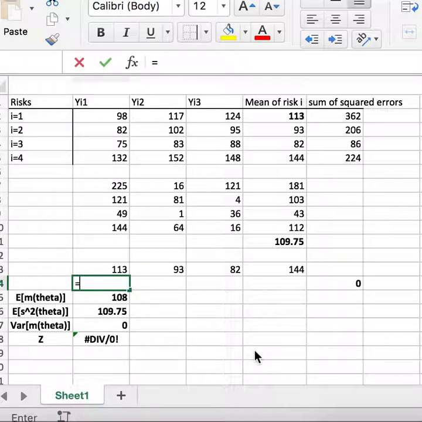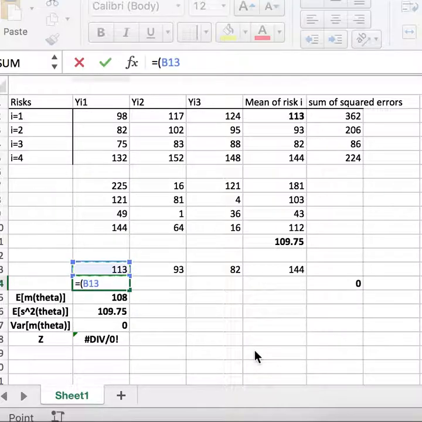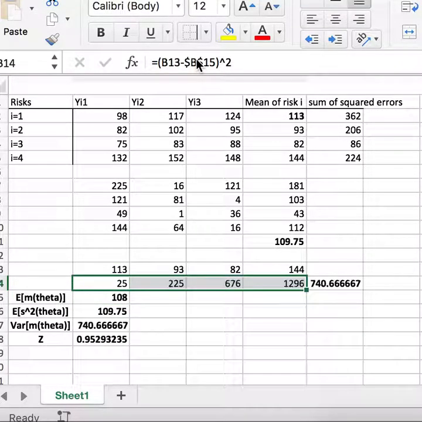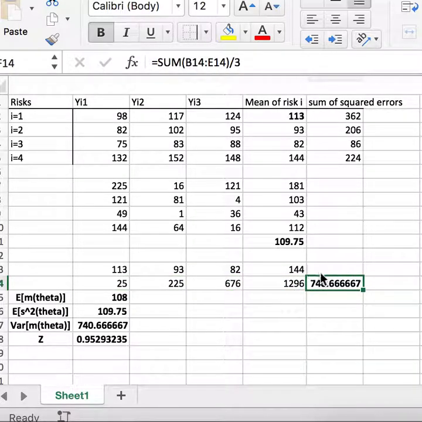We're taking 113 minus our mean of means and squaring that, and that has to stay constant. If I bring that across, that gives us, over here, the sum of all of them divided by 3, which is 4 minus 1.